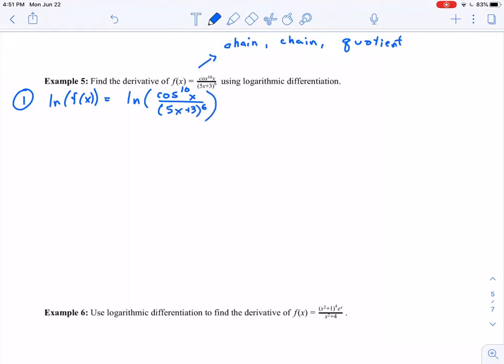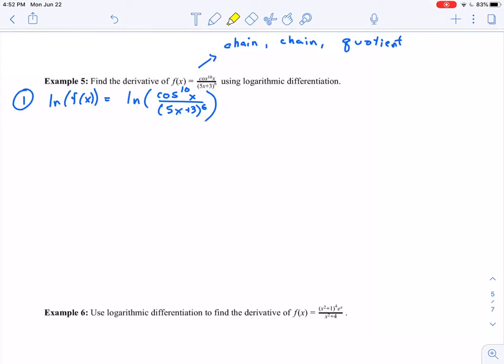So all I did was take a natural log of both sides. My next step, I'm really looking at this side, and this is one really complicated logarithm. I'm trying to break this up into multiple simple logarithms, trying to break each of these logarithms up into as simple pieces as I possibly can.